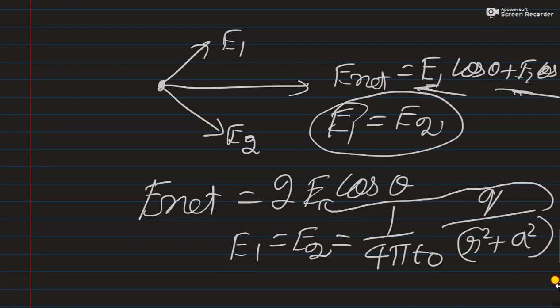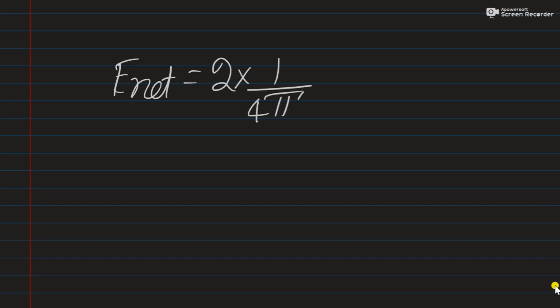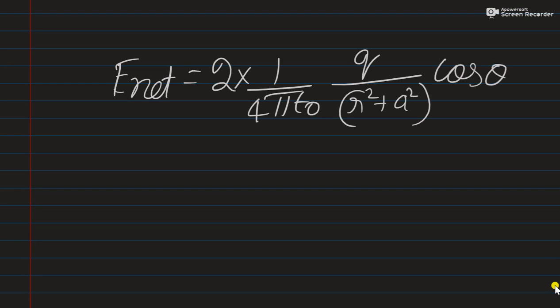After you substitute, tell me what I will get. Net electric field is equal to 2 times of E value, 1 divided by 4 pi epsilon naught Q divided by R square plus A square into cos theta.